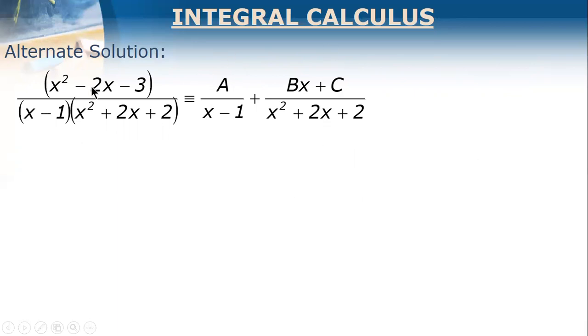Now, the technique for this alternate solution is, instead of x, we are going to replace it by the derivative of the denominator. The derivative of x squared plus 2x plus 2 is 2x plus 2. So what we are going to do is replace x by the derivative of the denominator, like this one.